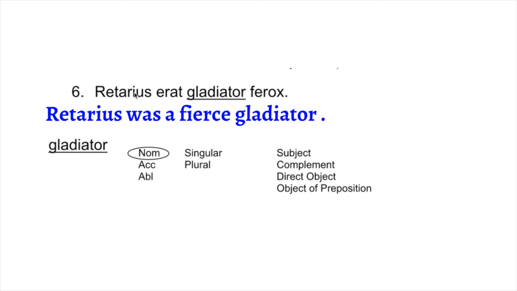So Retiarius erat gladiator ferox, Retiarius was a fierce gladiator. And since gladiator is in the nominative case, ferox is also in the nominative case because ferox is paired with gladiator. They're married. Singular and complement, like I just explained.